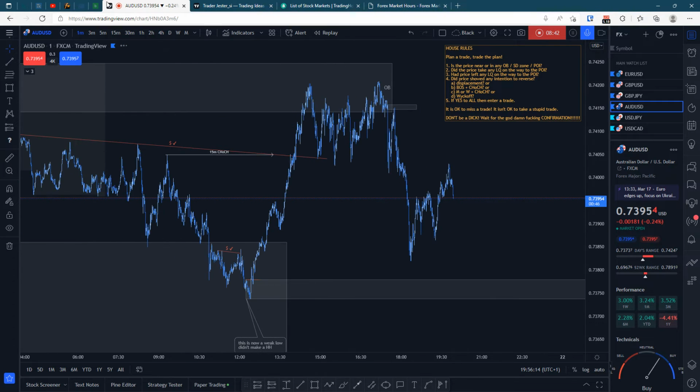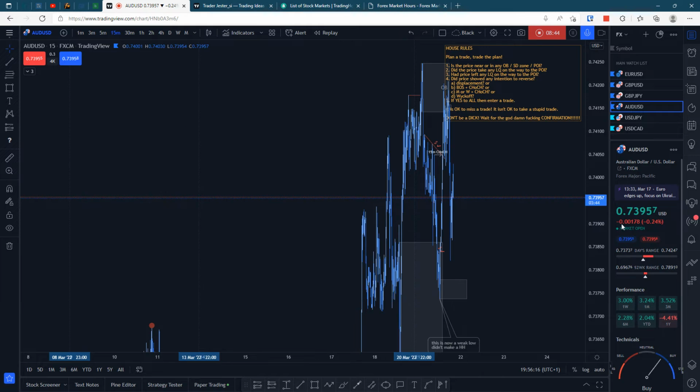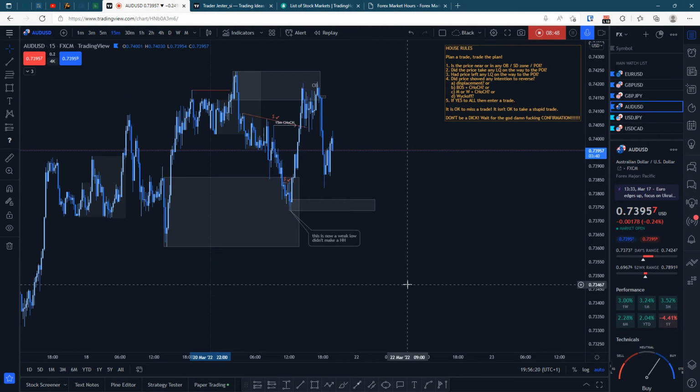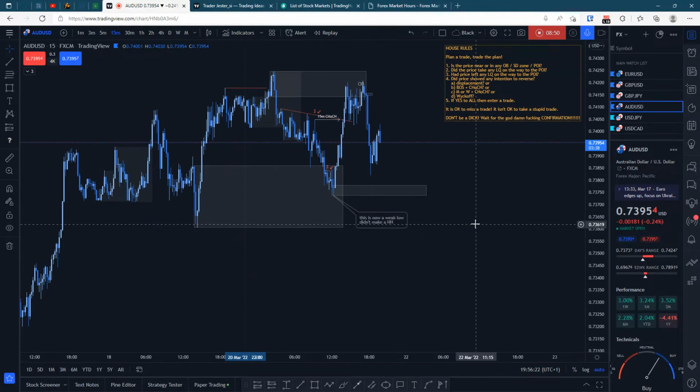In terms of price action, let's go on the 15-minute and see what happened on a little bigger scale. So Asia took liquidity from this high and this trend line and then reversed. We have our order block up here, a bearish order block.